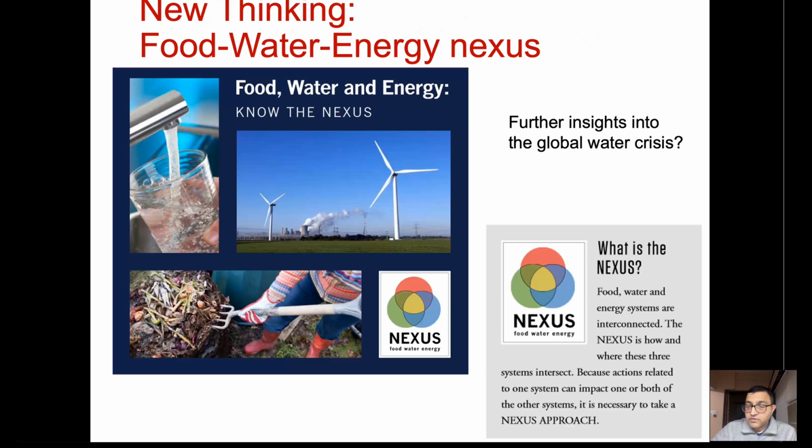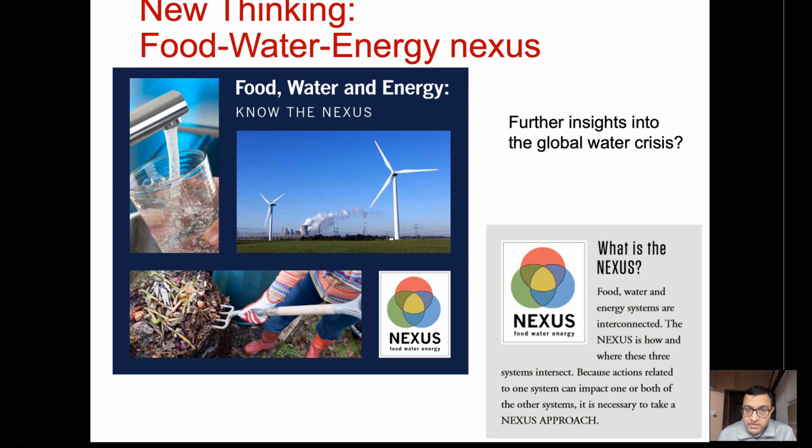And therefore there is this whole Nexus approach, whose hypothesis is that water, food, and energy are not individual sectors working in silos. In fact, there are ways to leverage synergies.